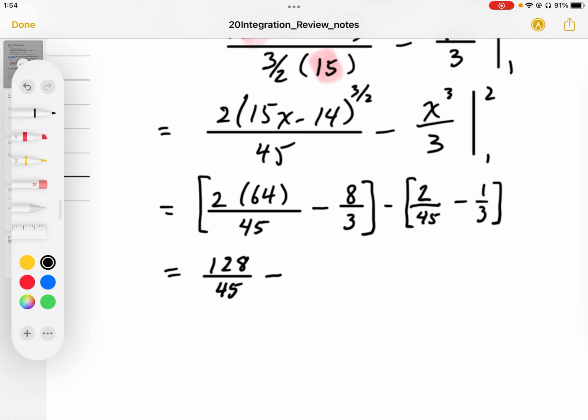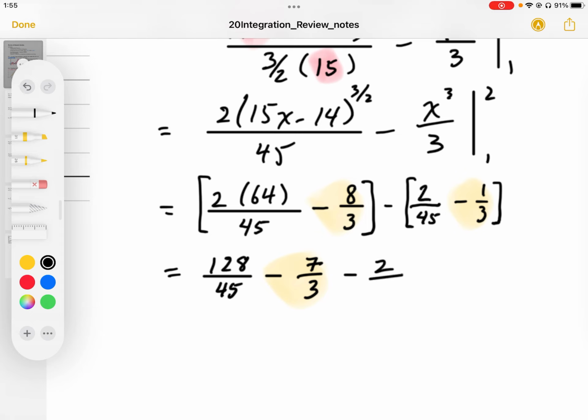Okay, and then this is minus, well, in this case, I'm going to group some things together. So I'm going to take that negative 8 over 3 and group it together with a negative 1/3. Minus negative 1/3 from that is going to give me negative 7 over 3. Okay, so I'll just show where that came from. This negative 7 over 3 is just combining those like fractions of the same denominator.